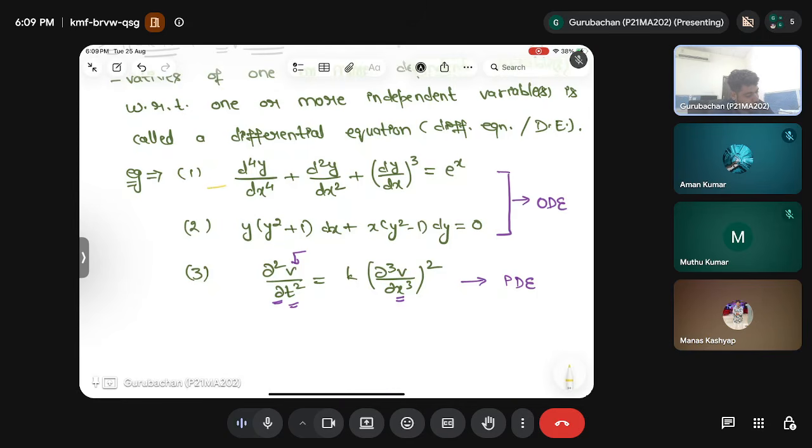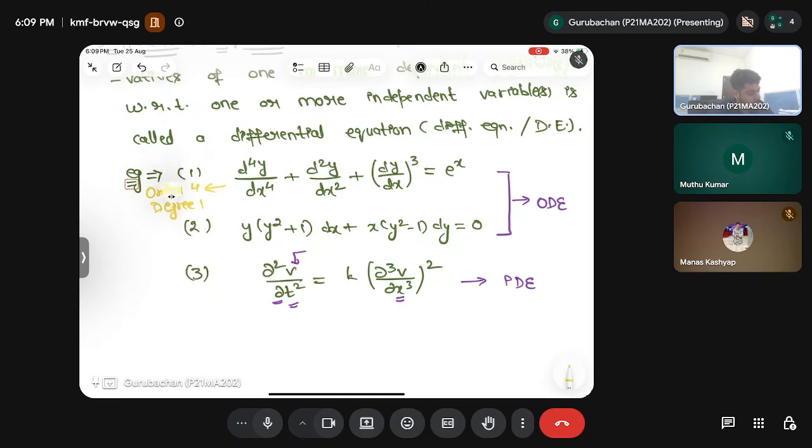So, in the first one, order is 4 and degree is 1. What about this one? Both 1. Order is 1, degree is 1.